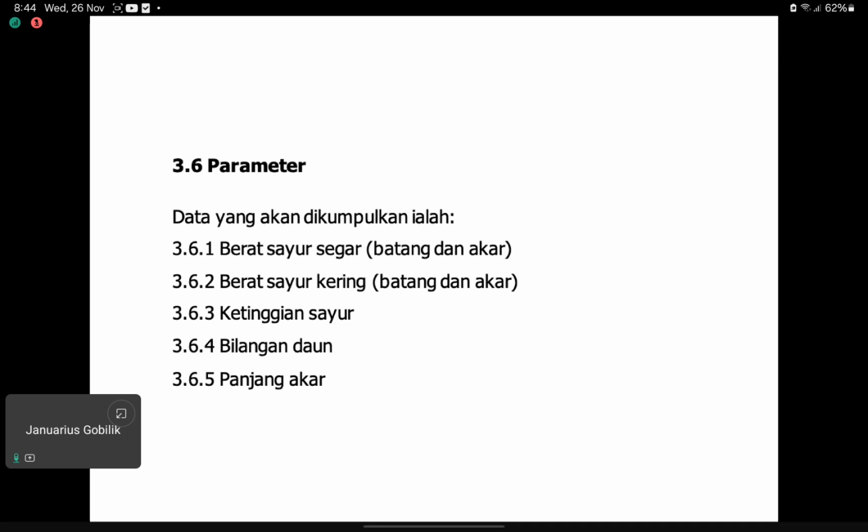There are actually three things that usually we measure in agronomical study. The first one is about growth, the second one is yield, and the other one is about development. Development means the numbers of leaves. It's always a relationship between growth, development, and yield.